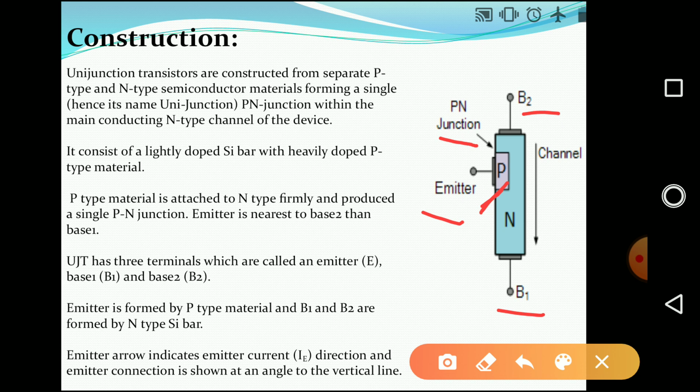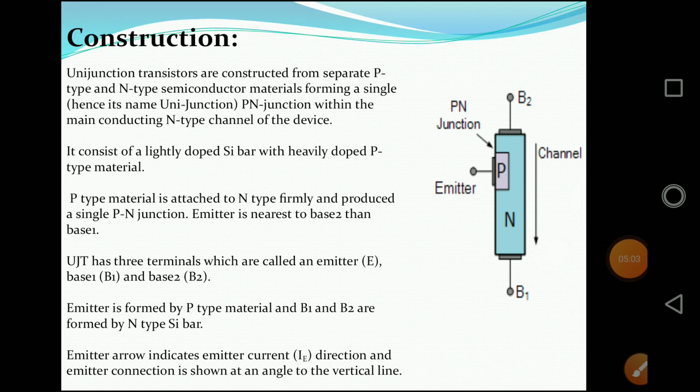Next, in the construction we can also observe that there is an N channel, and from B2 to B1 an arrow is indicated. It states that whenever the UJT is in the conducting period, the current flows from B2 to B1 through the N layer. So the N layer is a channel for the flow of current.